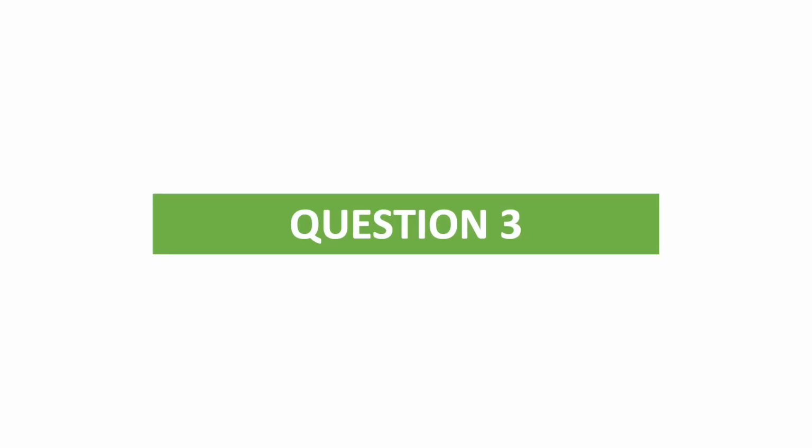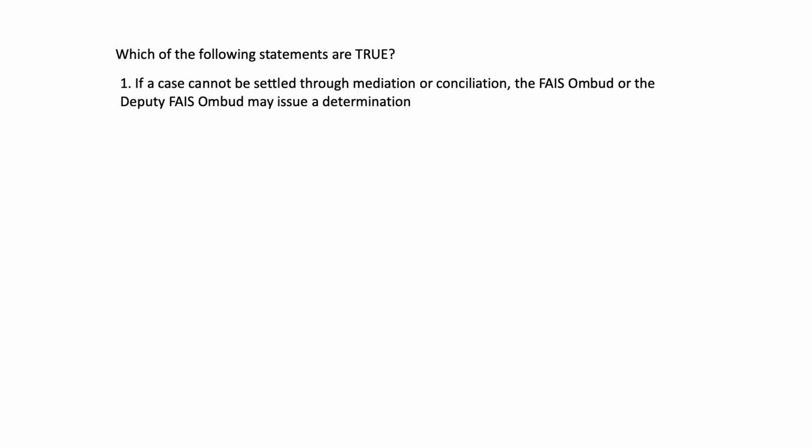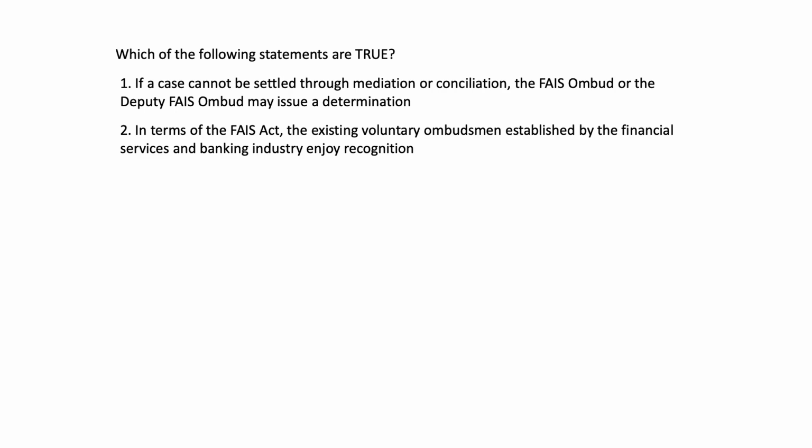Question 3. Which of the following statements are true? 1. If a case cannot be settled through mediation or conciliation, the FAIS Ombud or the Deputy FAIS Ombud may issue a determination. 2. In terms of the FAIS Act, the existing voluntary ombudsmen established by the financial services and banking industry enjoy recognition. 3.